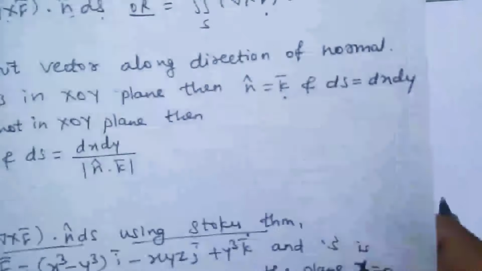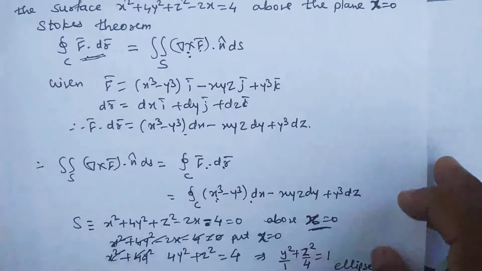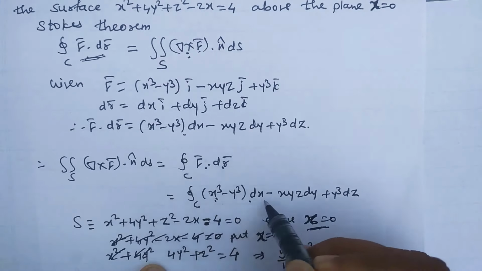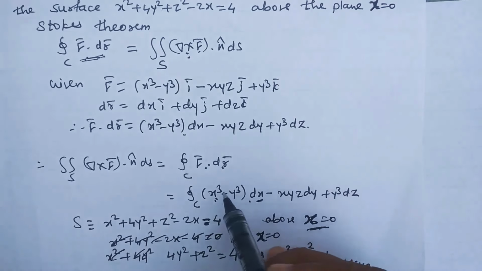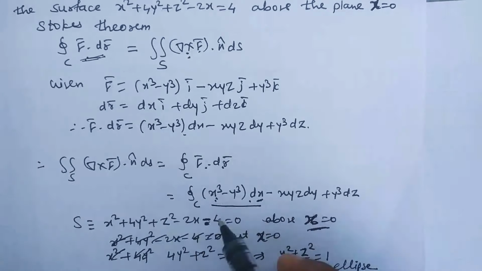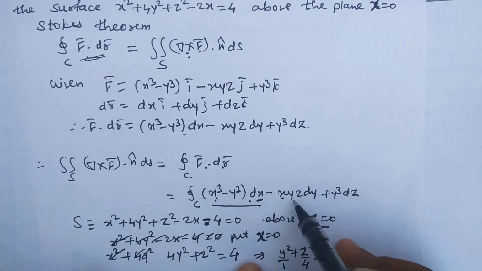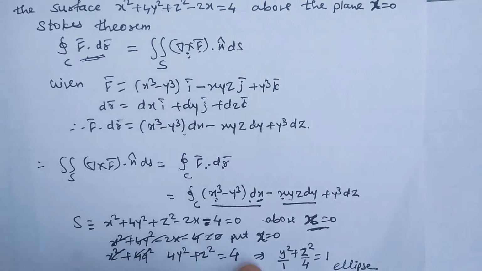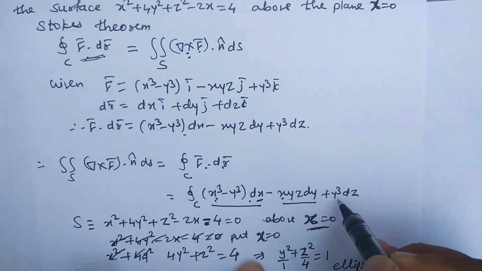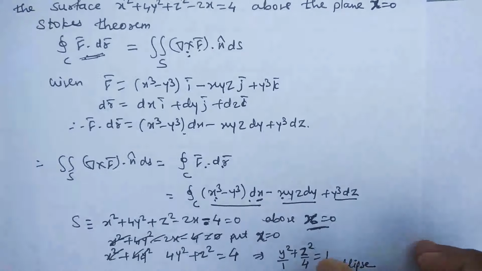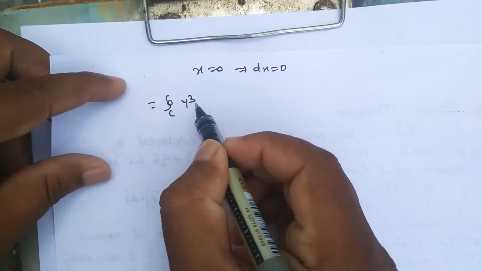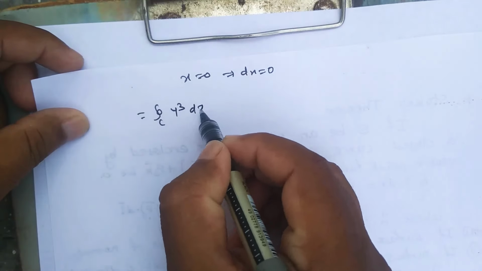When we put x equals 0 and dx equals 0, the first term becomes 0. Then x is 0, so 0 times this whole term also goes to 0. So, we will get only the term y cubed dz.